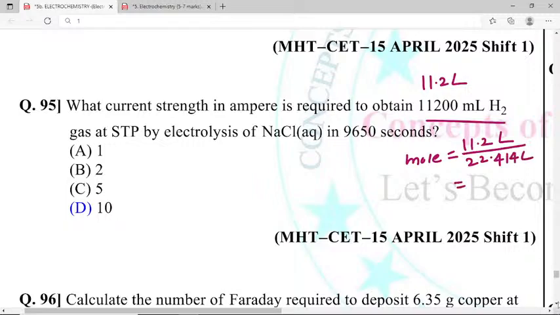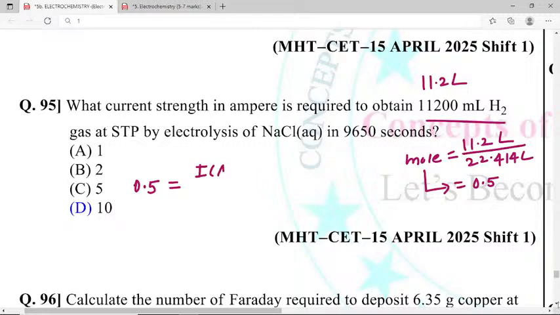So how much? 1 by 2, 0.5 mole. So for 0.5 mole, what current strength do we require here? So moles of product formed is equal to current in ampere.